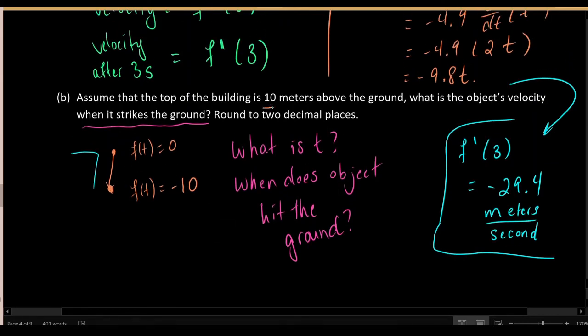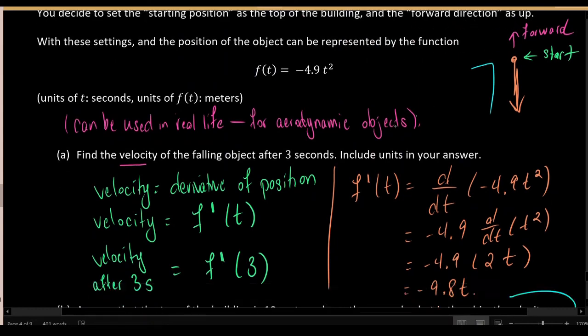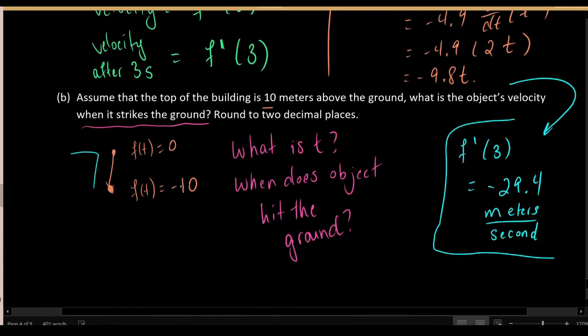Ten because the building is 10 meters tall, so there's going to be 10 meters between the top of the building and the ground at the base. Negative 10 because someone decided at the beginning of this problem that up was going to be the forward direction, which means that down toward the ground is going to be the negative direction.